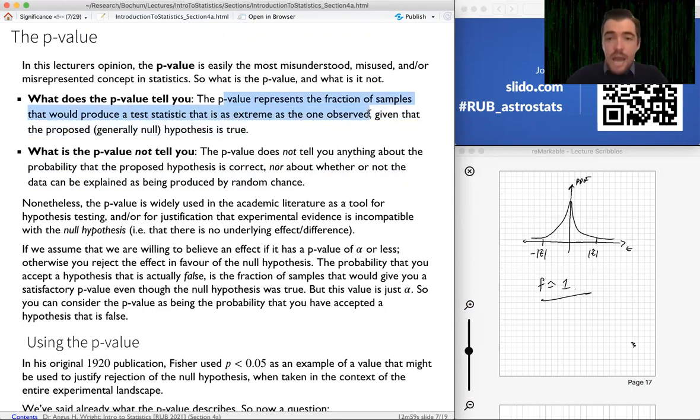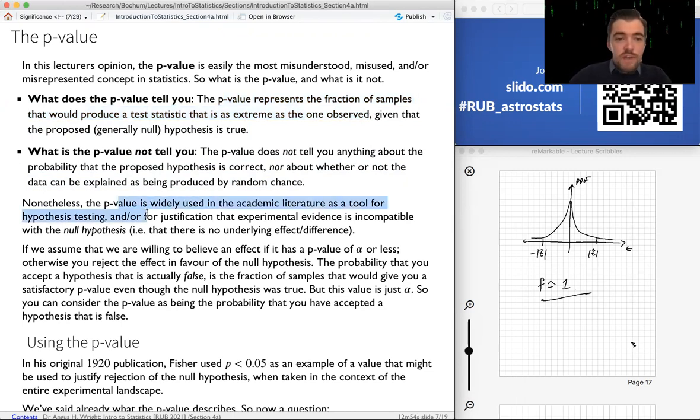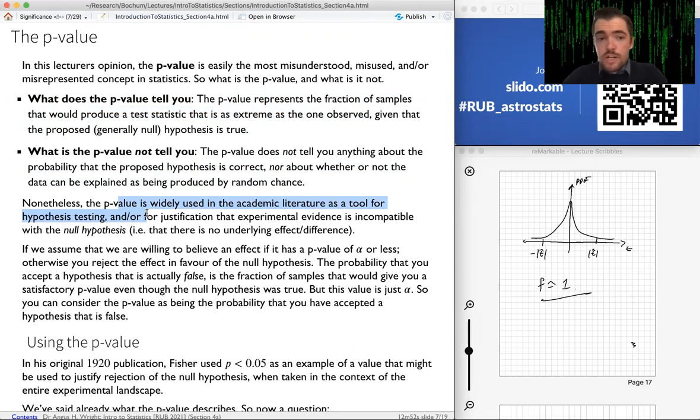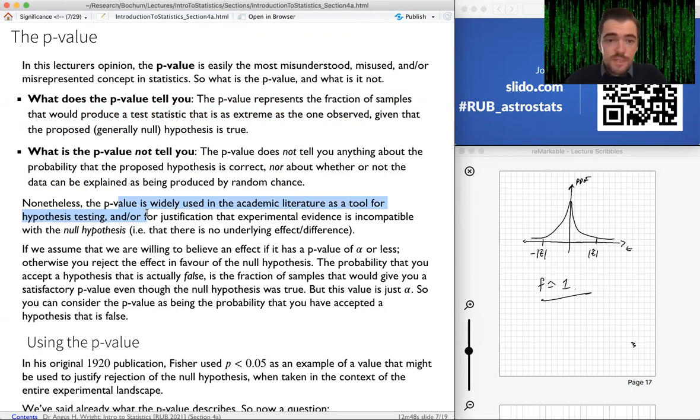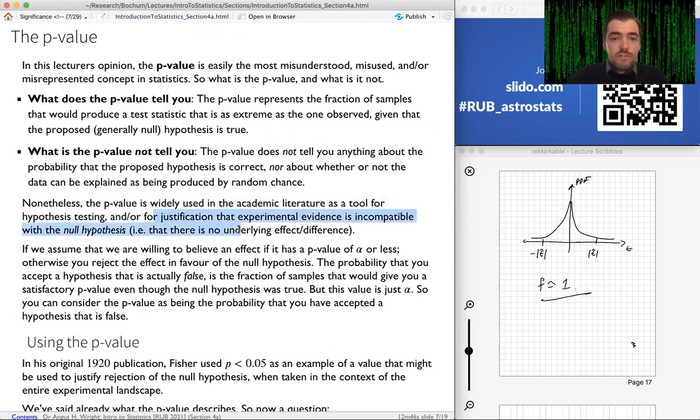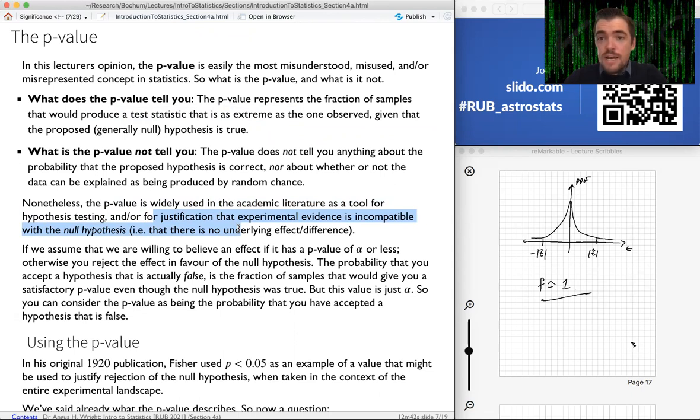However, despite that fact, the p-value is very, very widely used in the literature as a tool for hypothesis testing, or as a justification for whether or not the evidence, the experimental data that we have, agrees with or is in tension with the null hypothesis, that there is no underlying effect.